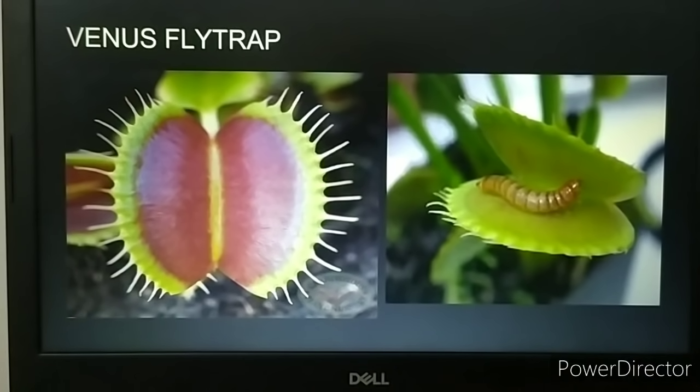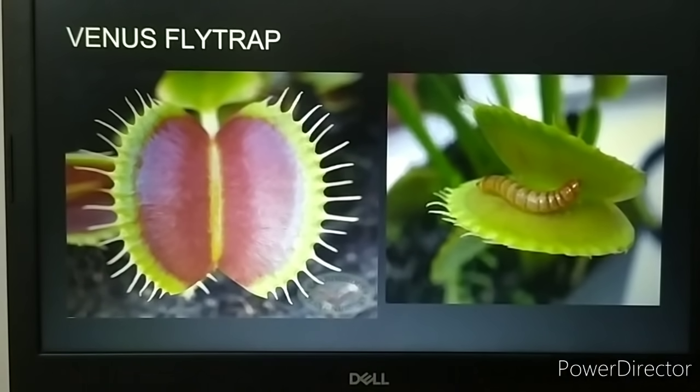And you can also see in figure number 1, the first part of the figure, that the leaf blade or lamina is divided into 2 parts. As it is visible here, 2 parts are visible and each part on its edge has stiff hair-like structures. And in the center is the midrib, which acts as a hinge.